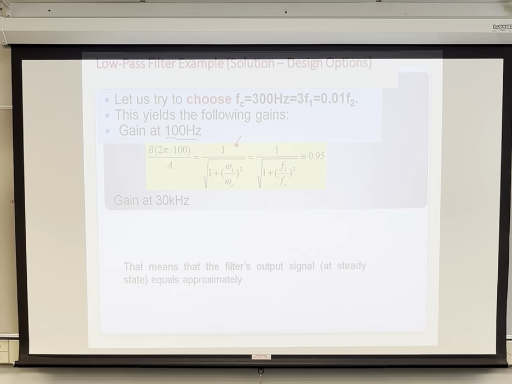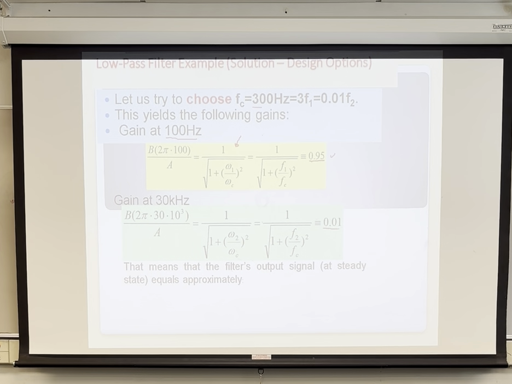So 1 over the square root of 1 plus F1 over Fc, squared, and that's approximately 0.95, which is approximately 1. If you wanted a 500 hertz cutoff, you just put 500 hertz here, and then you can predict how much of the desired you're going to attenuate. That's pretty close to 1. Now at the same time, we can change F2 to 30 kilohertz and calculate the gain at 30 kilohertz.